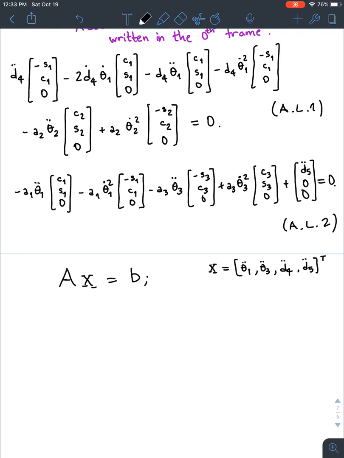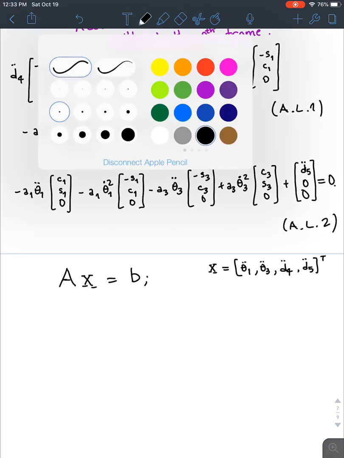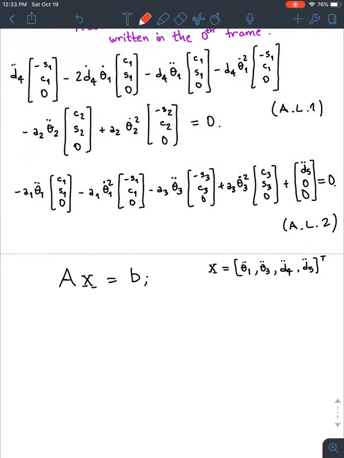Put a transpose here, so it's a 4x1 vector. B is going to contain all of the knowns, of which we have quite a lot. So for example, for the acceleration level equation AL1, this is completely known. This is completely known. That is completely known, right? That guy here is completely known. So all of them are going to go and form a part of B.